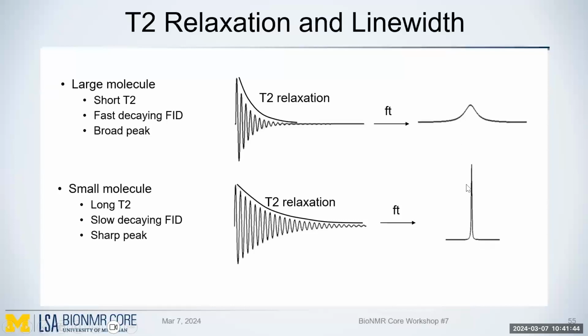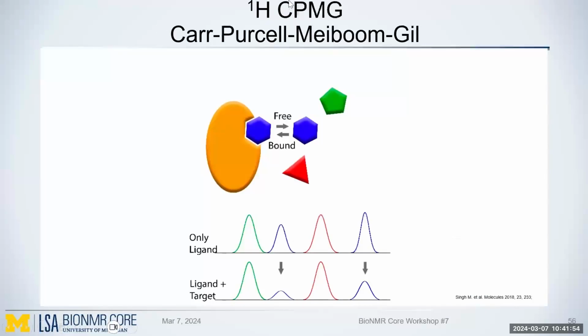By looking at the shape of the peak and the intensity of the peak, we can know if the ligand binds to the macromolecule or not. CPMG actually stands for the last names of the 4 scientists that developed this experiment. So you have the ligand-only spectrum.